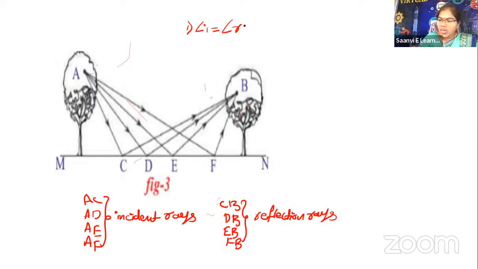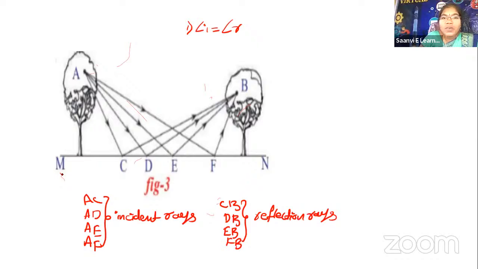Very good. Now here, AC, AD, AE, AF are angles of incidence, and CB, DB, EB, FB are angles of reflection.